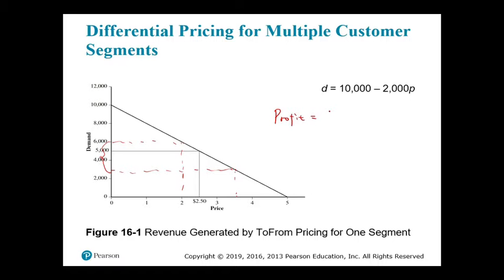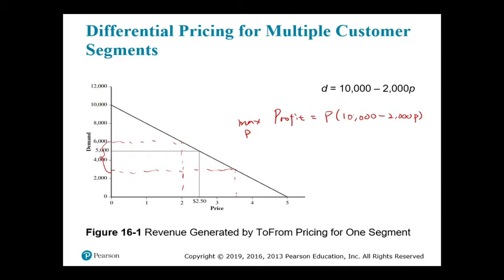So then this is equal to P times D, and we maximize this profit by choosing P.